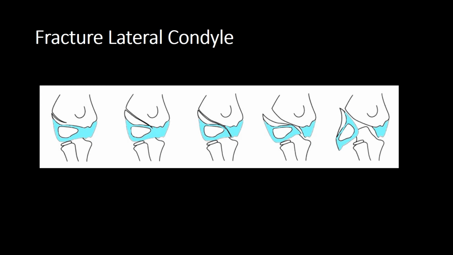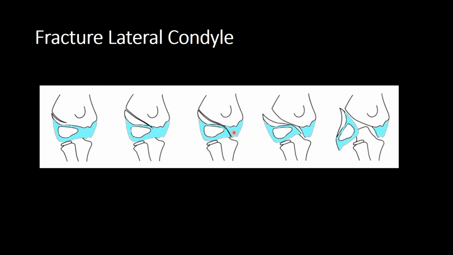It is cartilaginous and it's just not ossified. So when you get a fracture through the lateral condyle, sometimes they're incomplete, so they're just a very small fracture line at the lateral aspect, whereas sometimes they can extend all the way through to the articular surface of the unossified cartilaginous region.